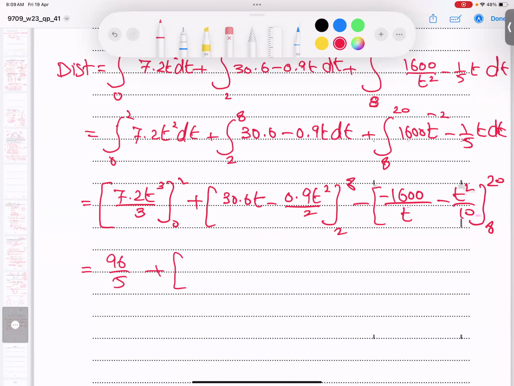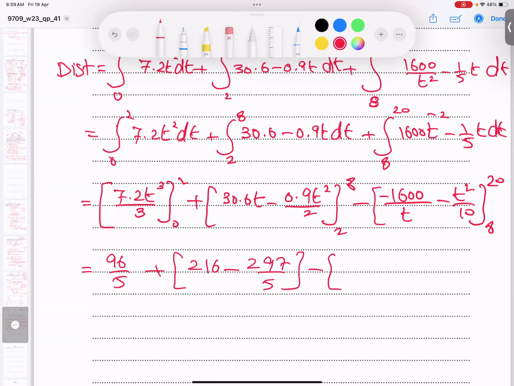Here, 30.6 into 8 minus 0.9 times 64 divided by 2, I get 216. Minus 30.6 into 2 minus 0.9 into 4 divided by 2, I get 297 over 5.